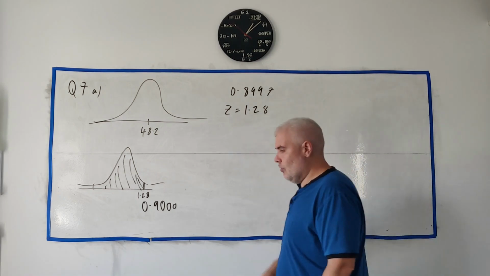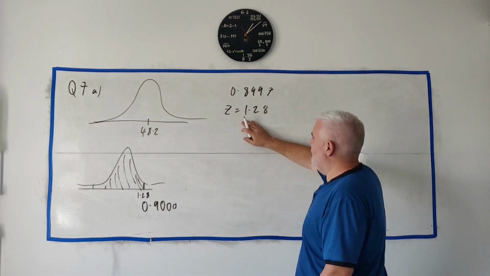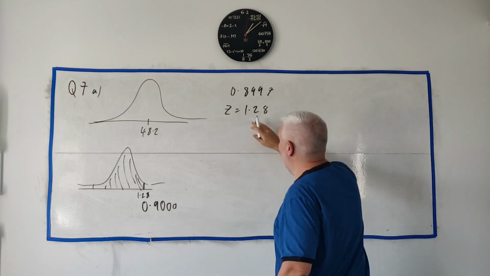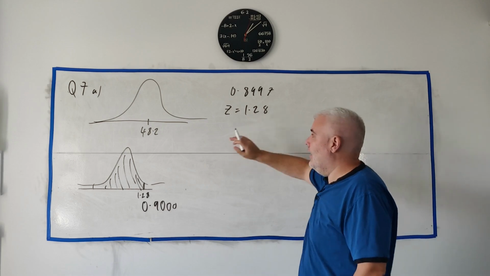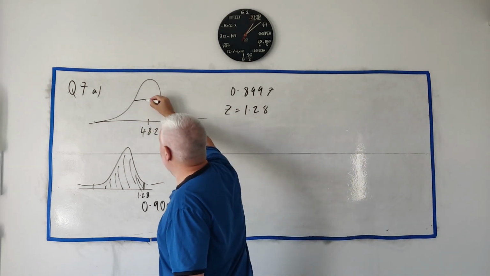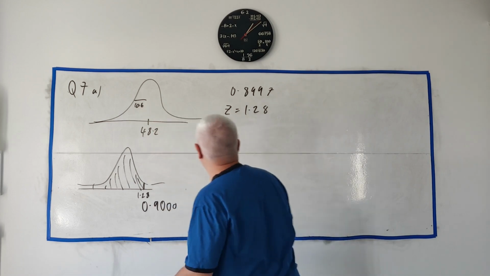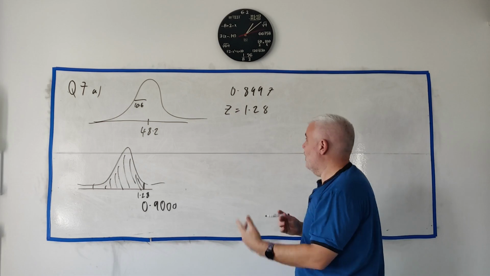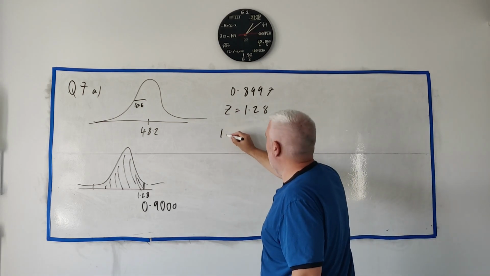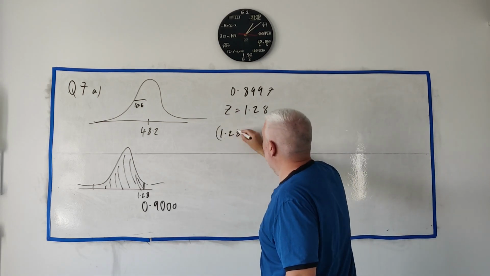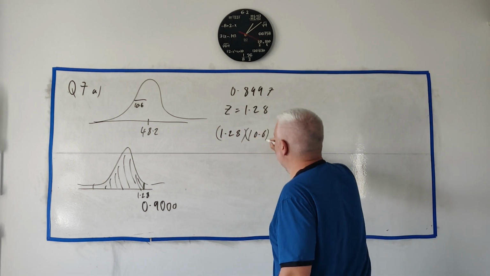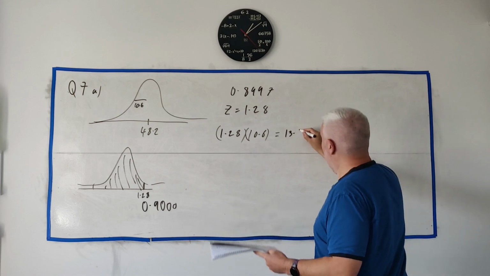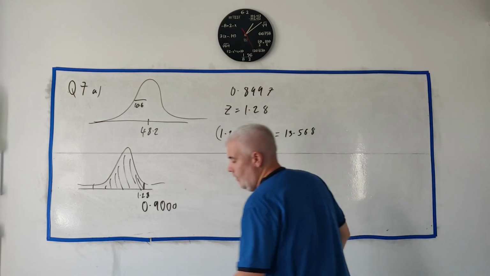So now you have your z-score. Remember how we got z? Well, you don't actually need to use the formula. Remember what the z-score is. It's 1.28 standard deviations. What was the standard deviation? 10.6. 1.28 of these to the right. That's one way to think of it. So 1.28 multiplied by 10.6 is equal to 13.568.